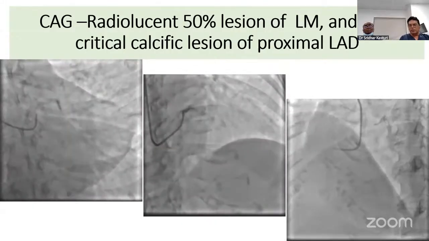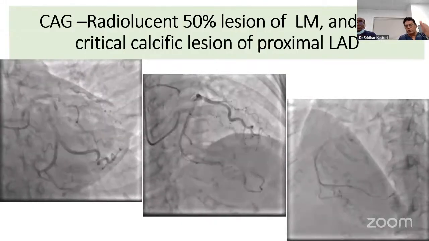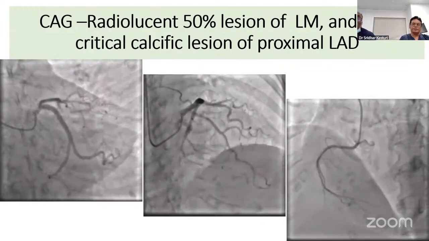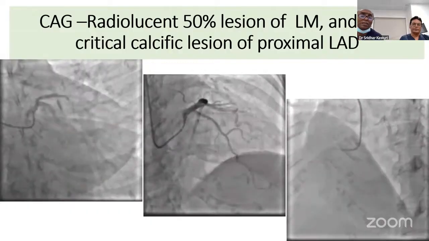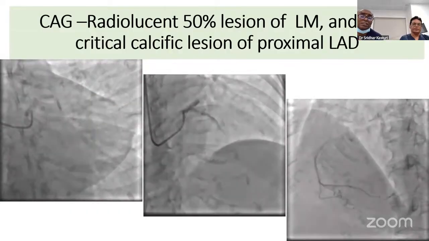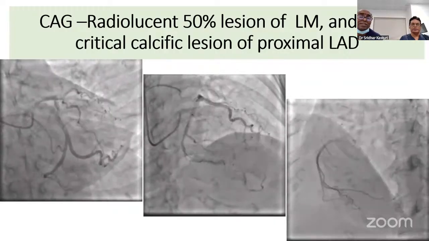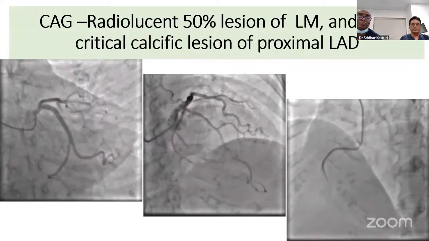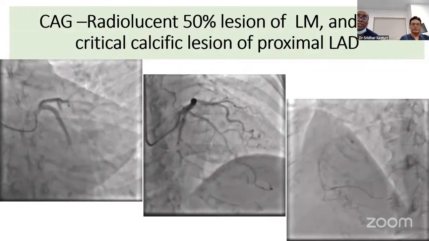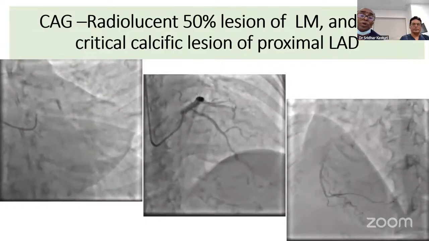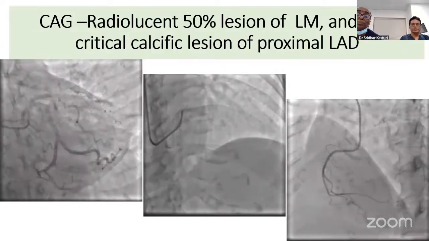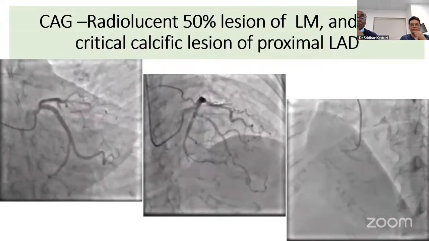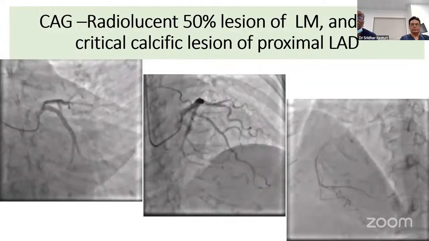Now I request Dr. Vijay Kumar Reddy to discuss the angiographic findings. This lady has a left dominant system, with ostial tight, heavily calcified lesions involving the ostium and the body of the left main. There is also disease in the proximal LAD and diffuse disease in the circumflex.